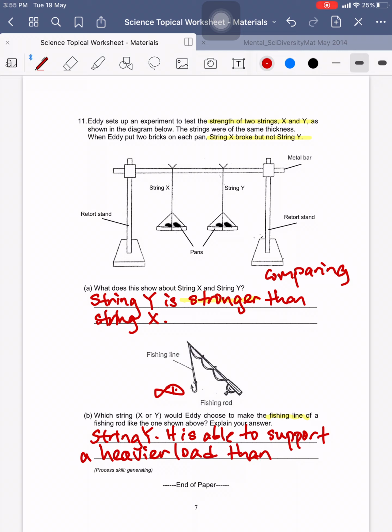All right, this phrase without breaking is very important.